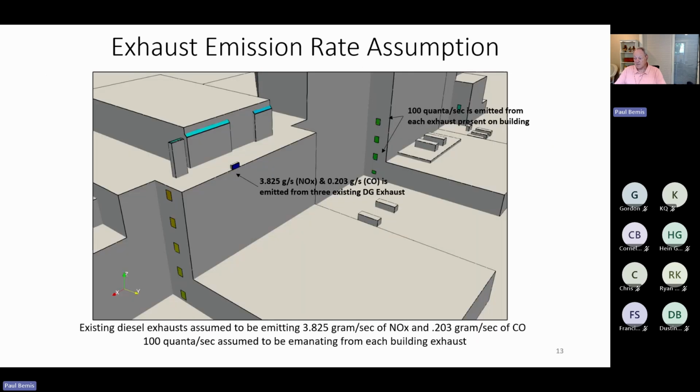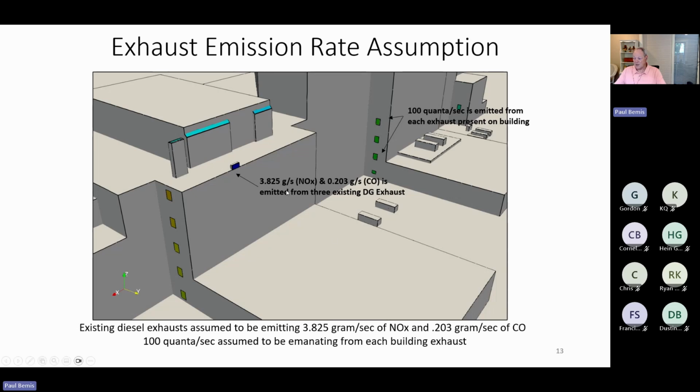And so the emission rates here were assumed to be a certain level. These were drawn from literature. So diesel engines exhaust at approximately 3.8 grams per second of NOx and 0.203 grams per second of CO, carbon monoxide. And so that is the generation rate.